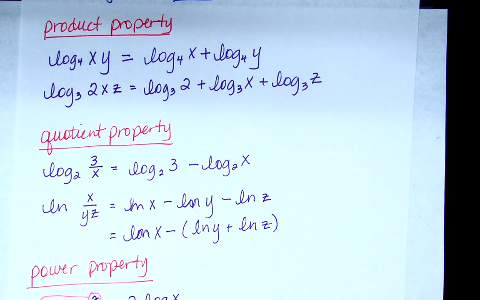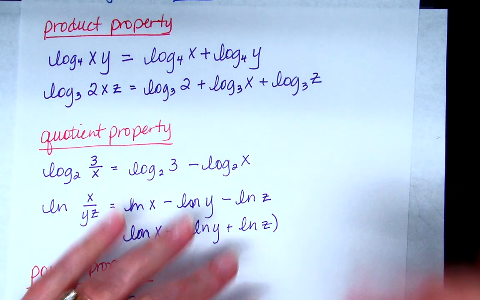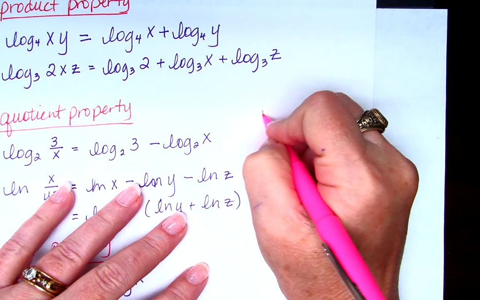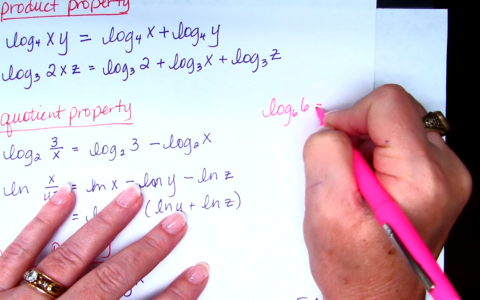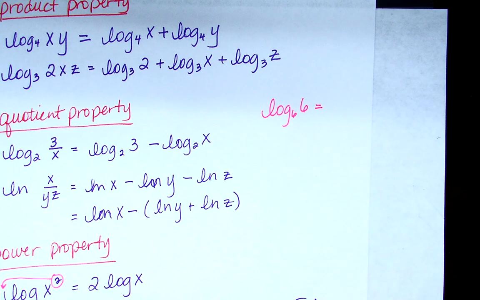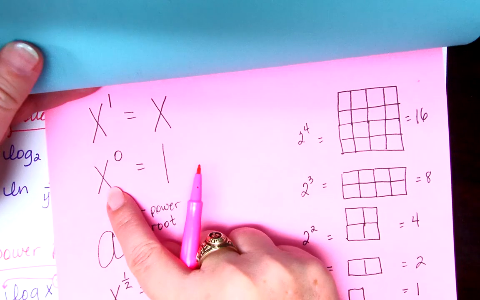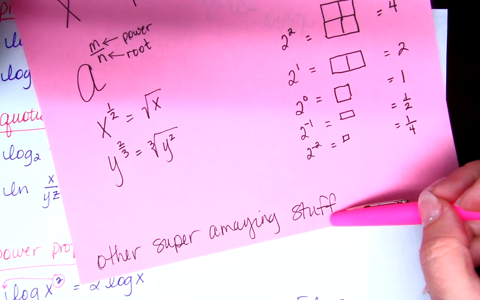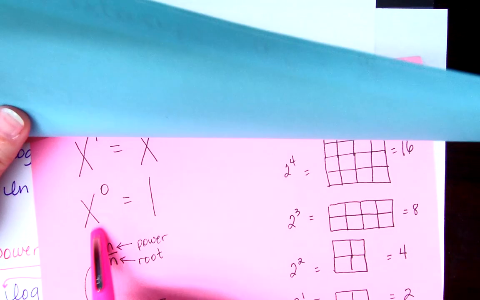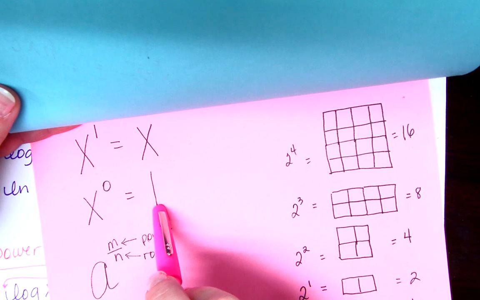Does that make sense? Now, if I knew a couple of shortcuts, would you want to know them? Okay, let me tell you a couple. If it says log base 6 of 6, I need you to know what that means, because that is a special property. In our exponent rules, anything to the 0 is 1.